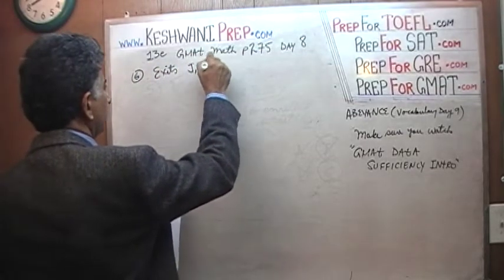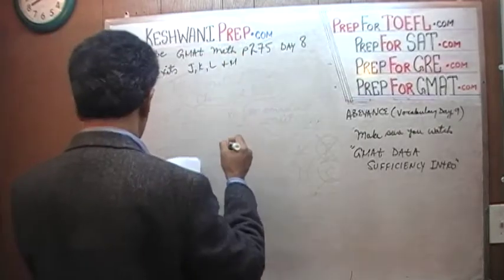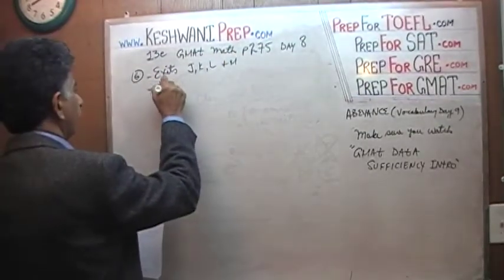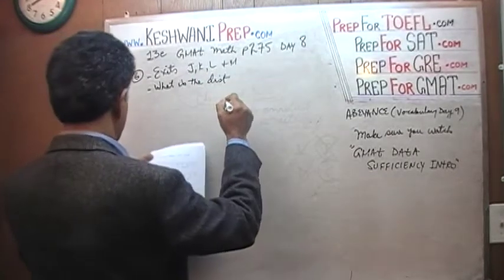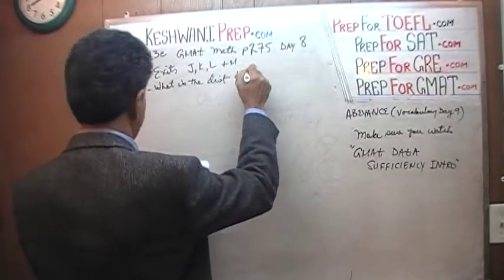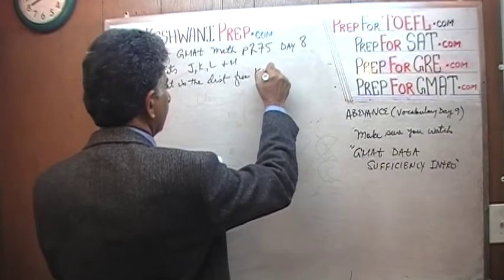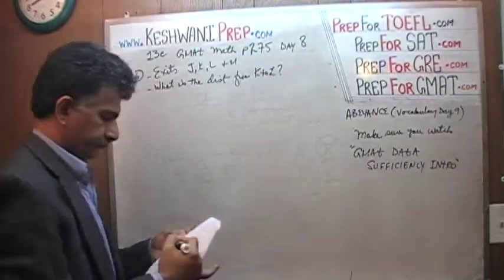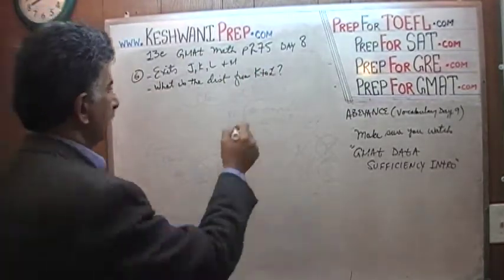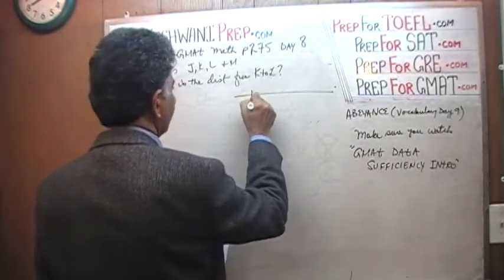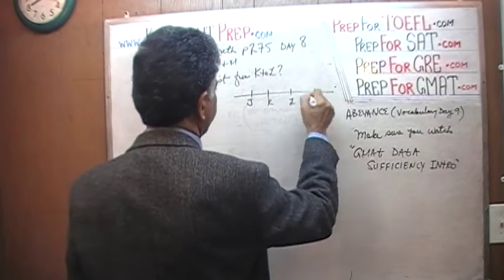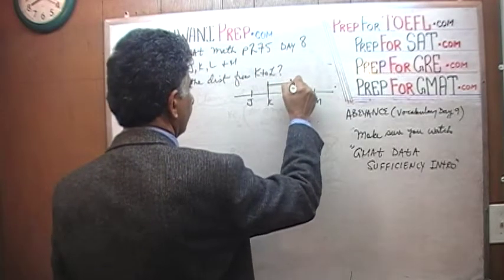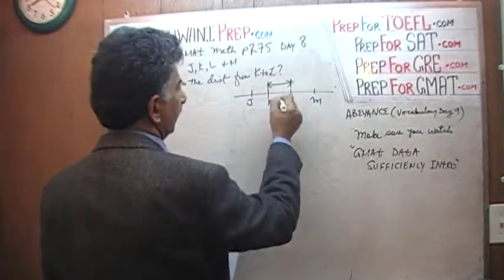The question simply is, what is the distance from K to L? So here are the exits in this order: J, K, L and M. What is the distance from J to L? This distance right here.